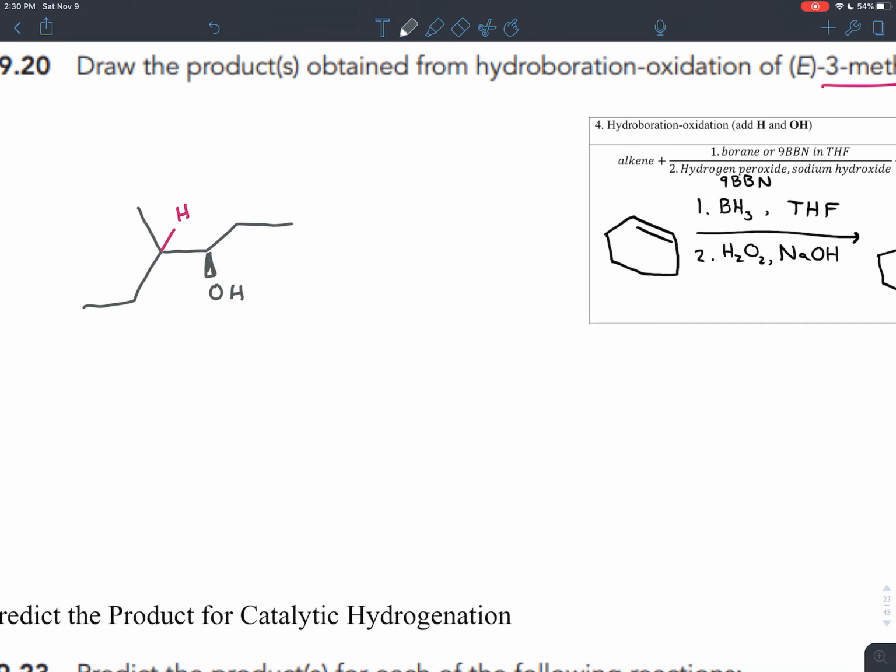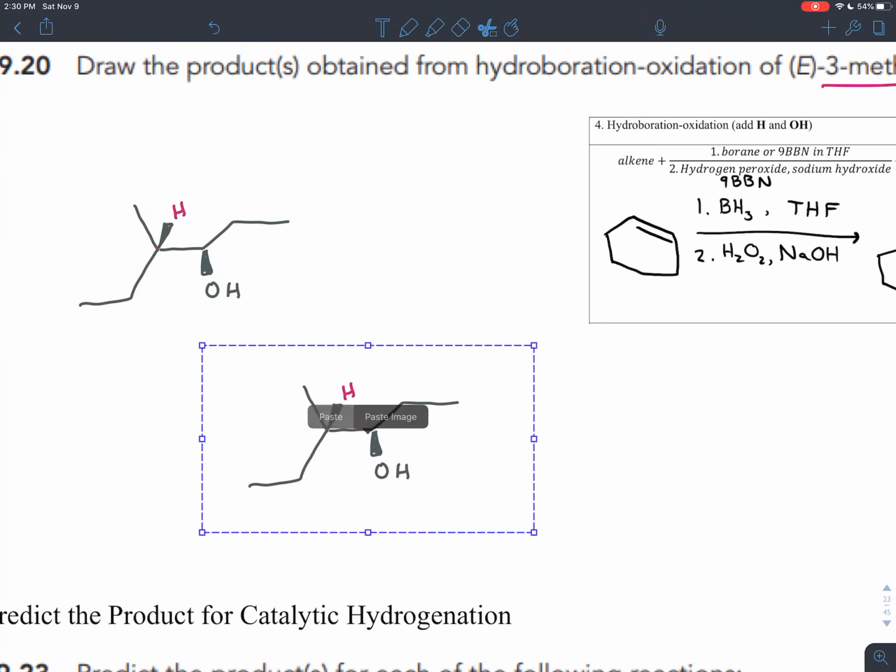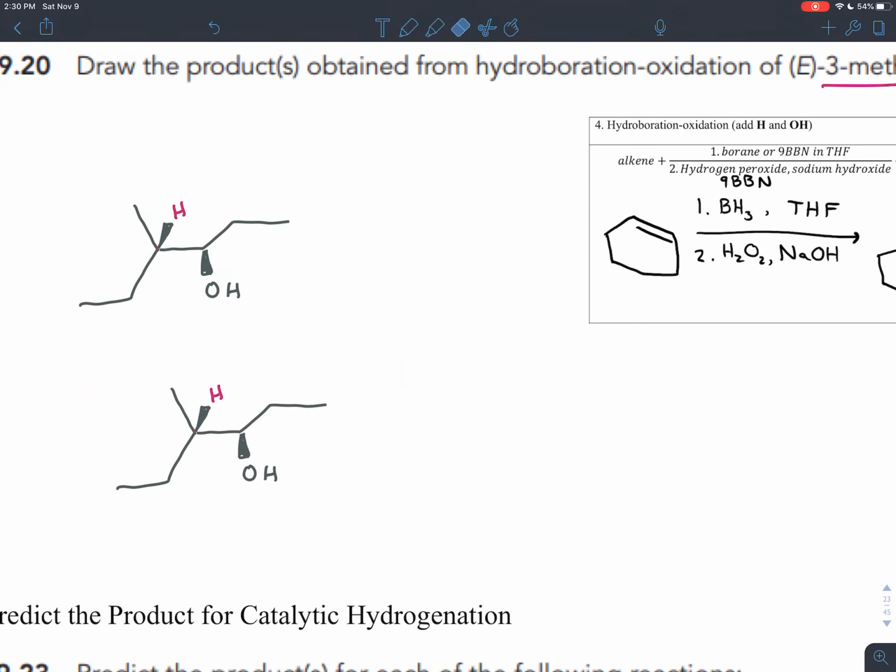We'll have one where the OH and the H are coming out, and another one where the OH and the H are going away. Oops, sorry. One where they're coming out. So they added syn coming out, and one where they're going away.